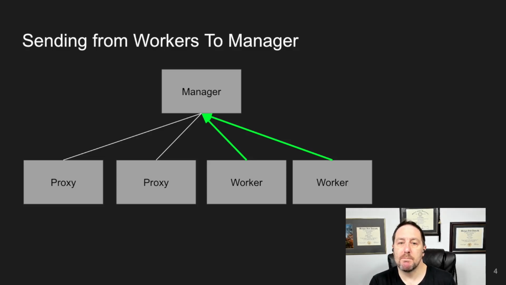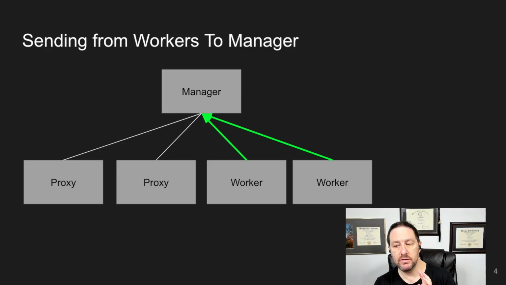There are different methods you can use to send data around. Most of the time you're going to be on a worker with some data and you want to do something with that data. You either want to send it to a manager, or to a proxy, or to a worker, or to a subset of those.